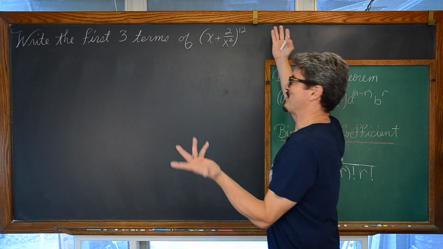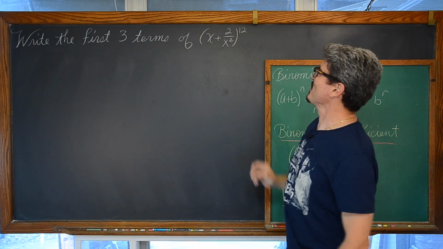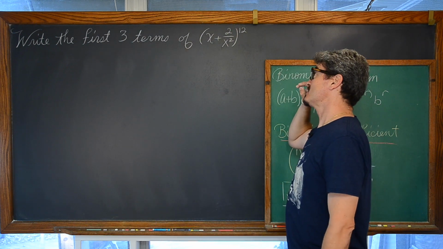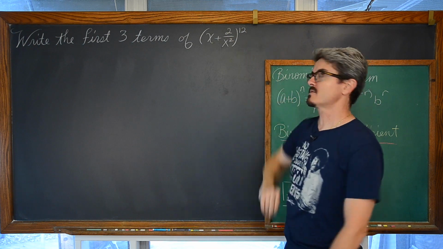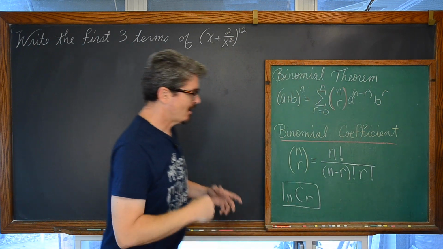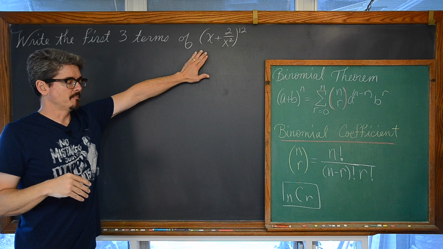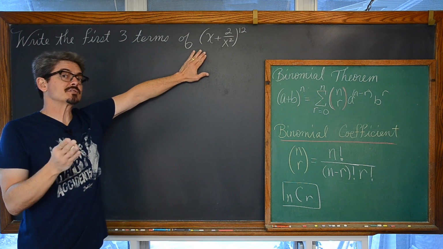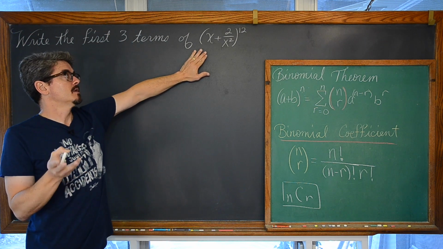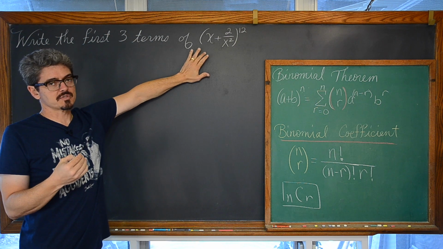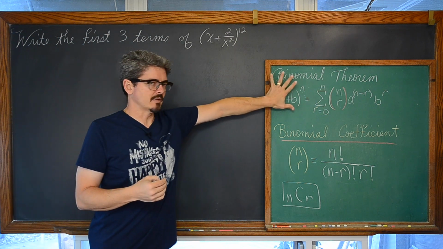So again, it was already up here, but write the first 3 terms of x plus 2 over x squared raised to the 12th power. Now, I do not want to go to basically the 13th line of Pascal's triangle to write out the first 3 terms. And, you know, we need to understand how to use this.